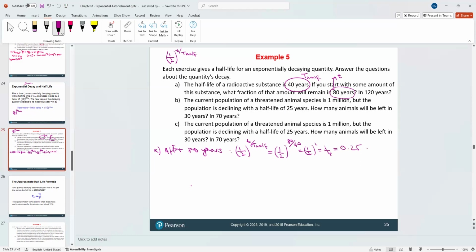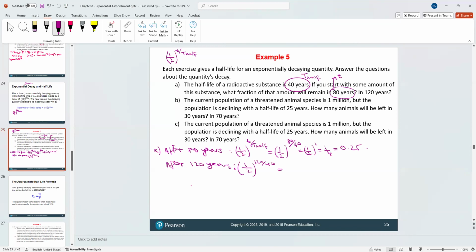Now, after 120 years, again you're going to have 1/2 power 120 over 40, because 40 is the half-life.